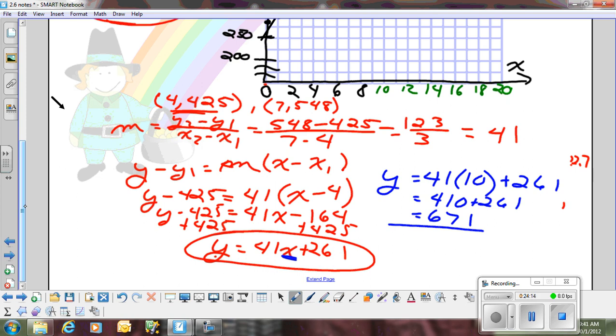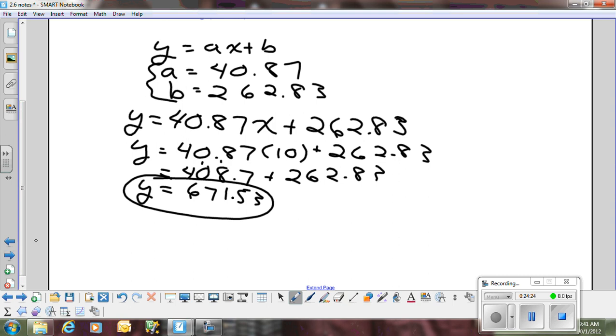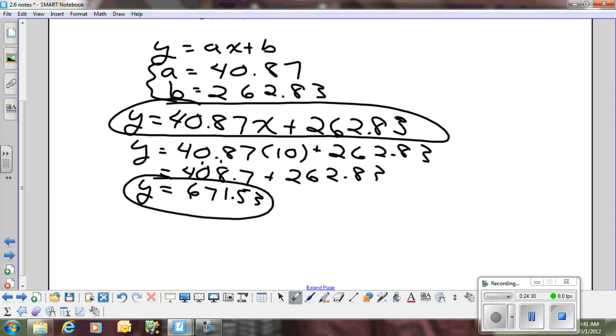Okay? When you get to 12, you can do it with your calculator. Parts I want to see on the paper are the regression line and the number when x equals 20. So there's 2 answers on all of them after the first 2 there.